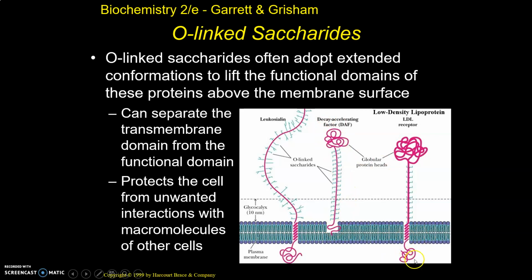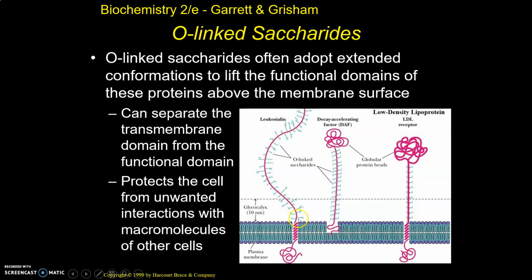Or again, this is another example of one that's going all the way through. But these are your O-linked saccharides. So here's the protein, right? And your O-linked saccharides are here on the surface of this protein, right? So they can actually help separate the membrane from the functional domain, okay?